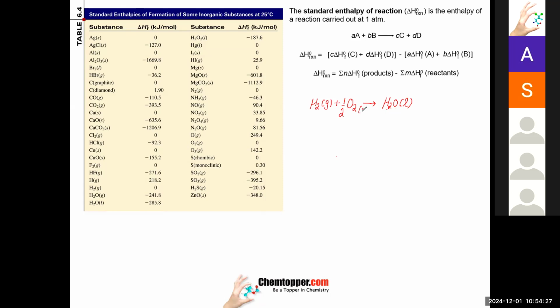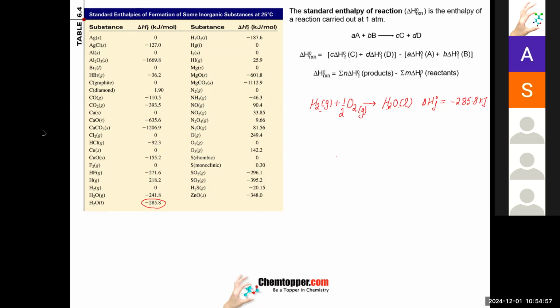Write down their conditions. Gas, gas, liquid. Check the value here. H2O liquid. Delta H naught formation for liquid water is minus 285.8 kilojoules. These values will be given to you. Check the value of hydrogen gas.